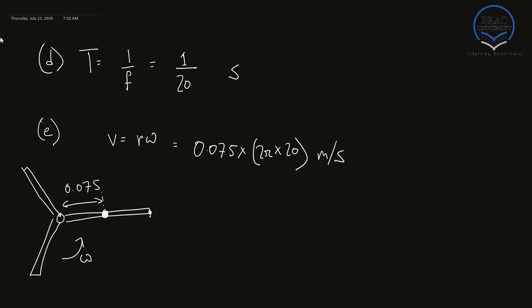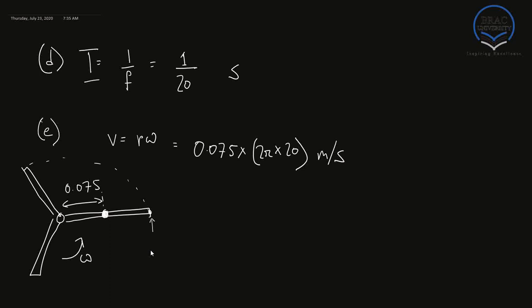Now notice that this speed is exactly half of the speed of the tip. Why is that? There's an easy way to think about this. This whole fan, not just this tip, has to complete a whole revolution in the time period t, right?